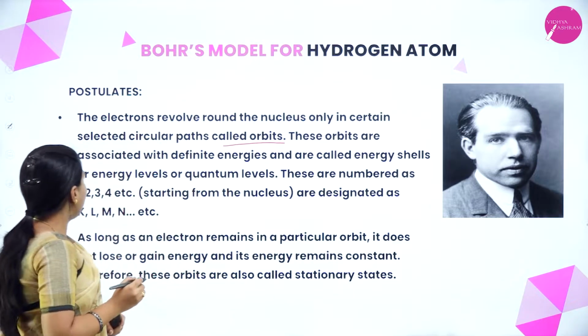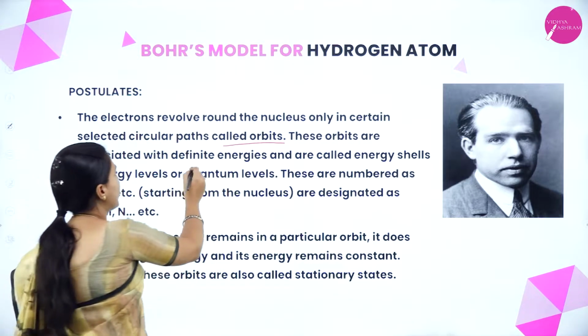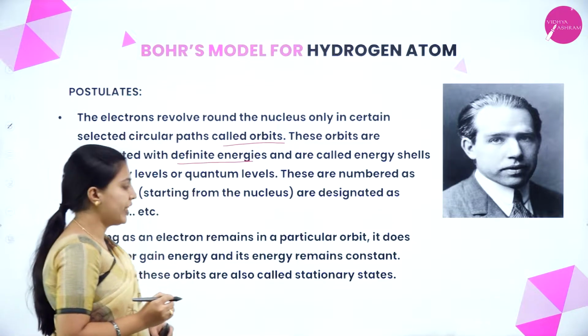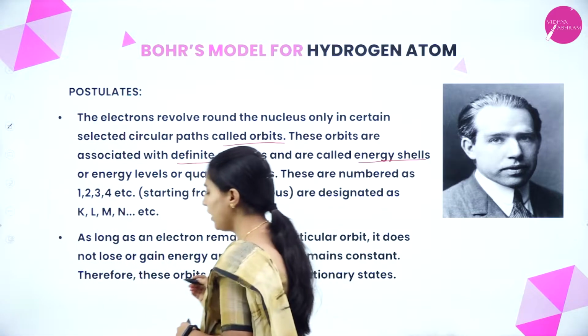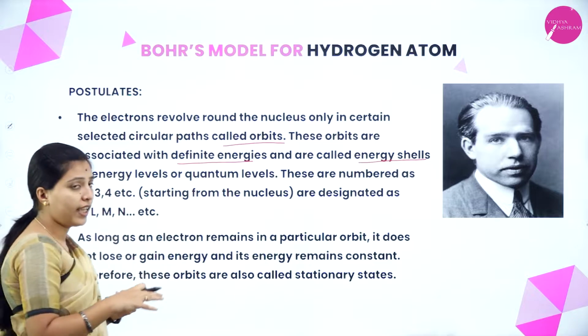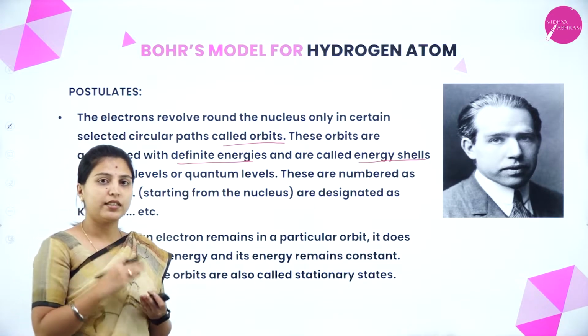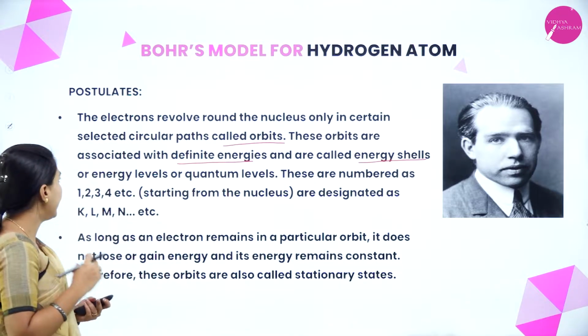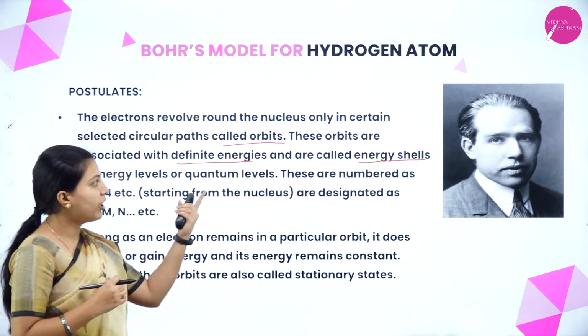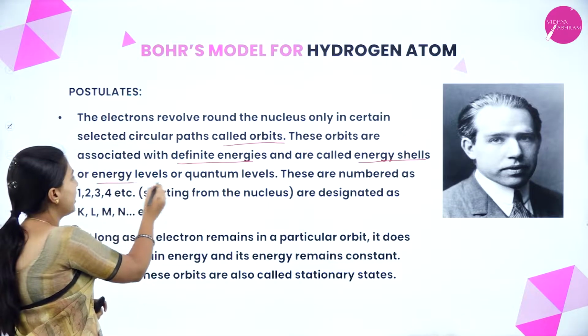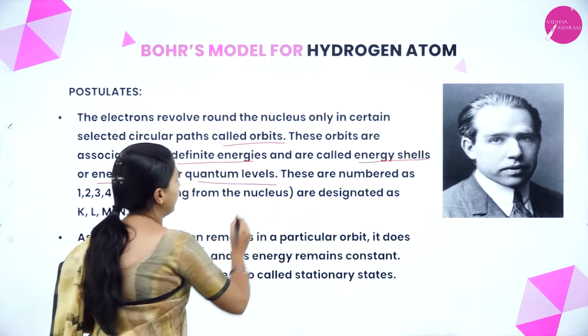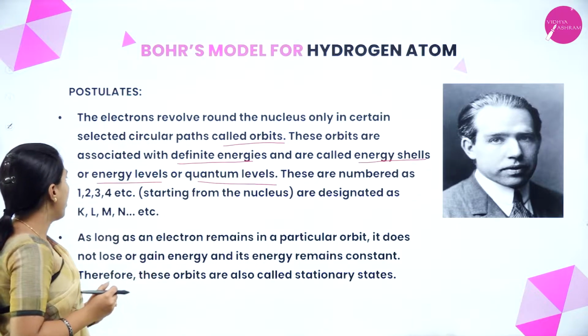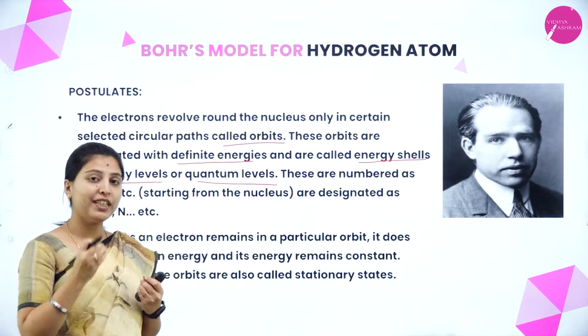These orbits are associated with definite energies and are called energy shells. The orbits are connected with a definite amount of energy, so they are called energy shells, energy levels or quantum levels. These are numbered as 1, 2, 3, 4 etc. from the nucleus.